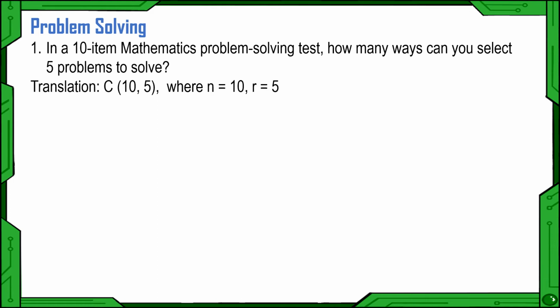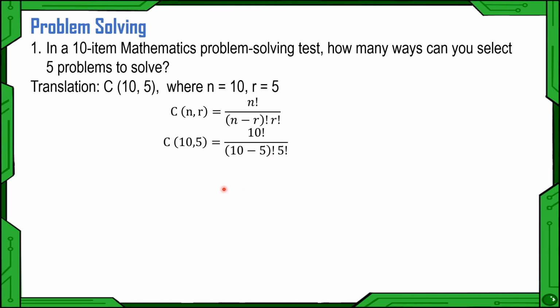Let us use the formula for combination: combination of n and r is equal to n factorial over the difference of n and r factorial multiplied by r factorial. By substitution, we have combination of 10 and 5, so 10 factorial over 10 minus 5 factorial multiplied by 5 factorial.